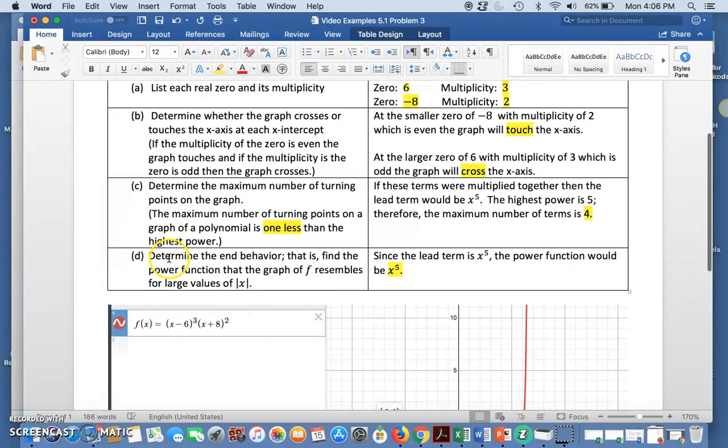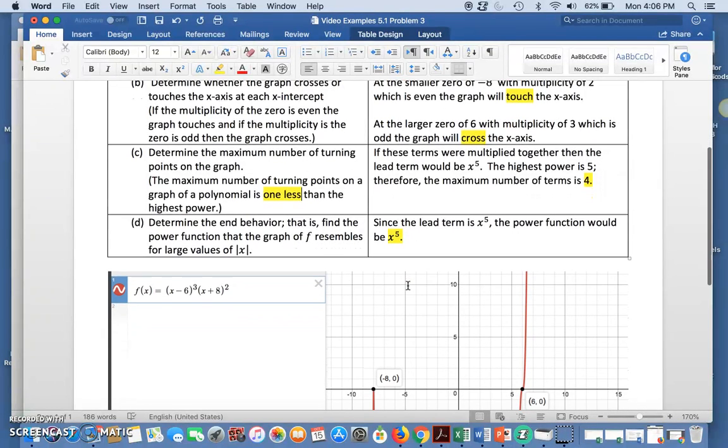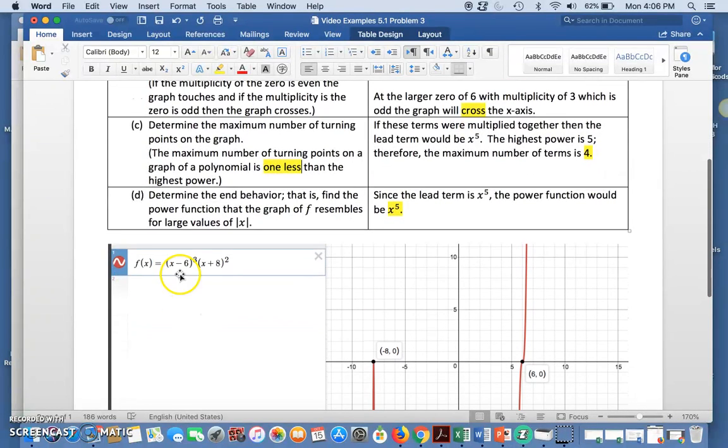Then the next part was determine the end behavior. That is, find the power function the graph of f resembles for large values of absolute x. Basically we did most of the work up here. We ended up with the lead term being x to the 5th, and that's what it looks like, x to the 5th.